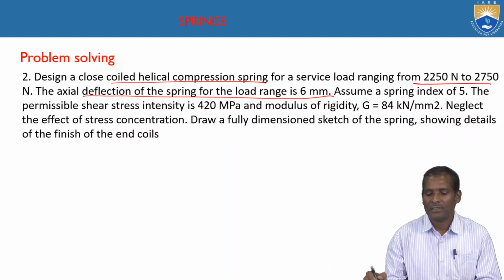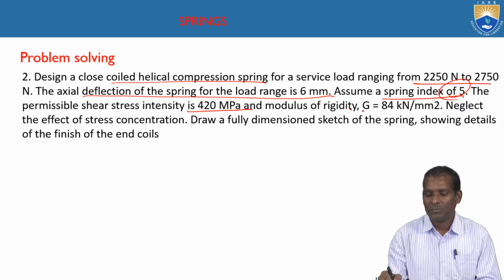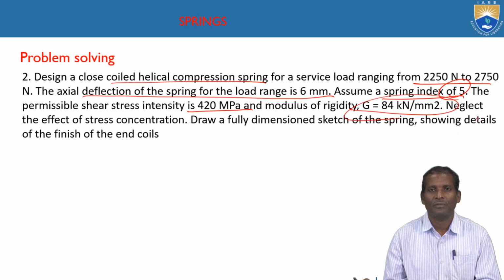Assume a spring index of 5. The permissible shear stress intensity is 420 megapascal, also given in this problem, and the spring index is also 5. And the modulus of rigidity is also the same, 84 kilonewton per mm square.